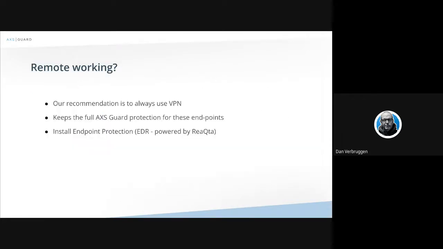To come back to the question of Wannes about remote working, we recommend to use VPN always, just to make sure that you keep the Access Guard protection also to the endpoints. And we also recommend to install endpoint protection on systems that leave your network from time to time, to make sure that those hosts are protected all the time.